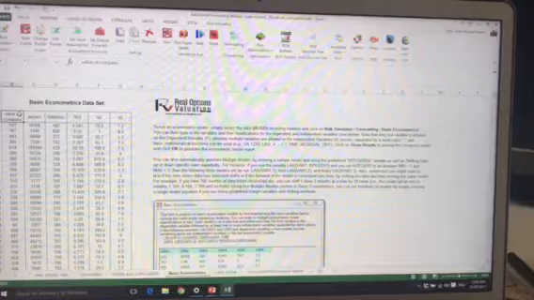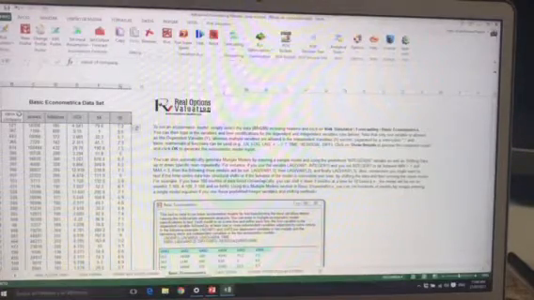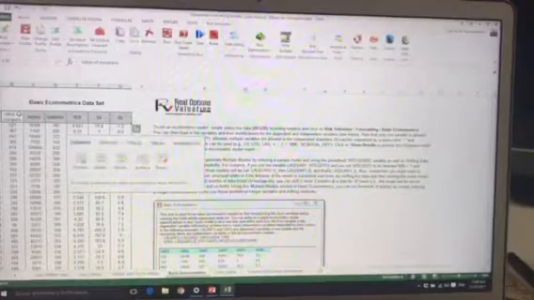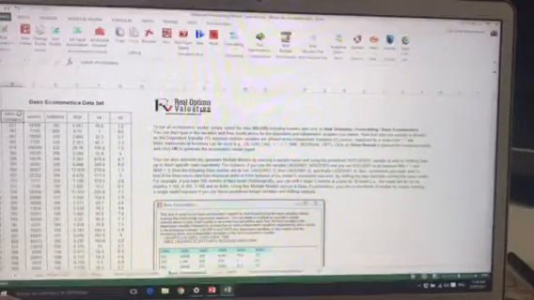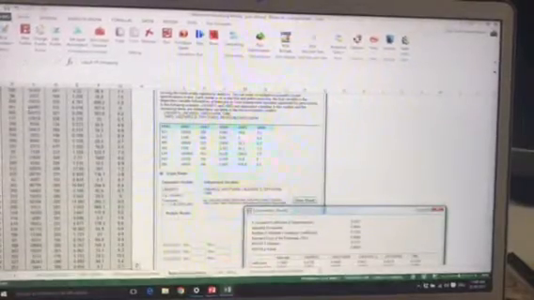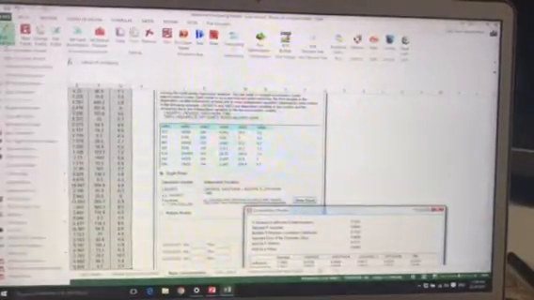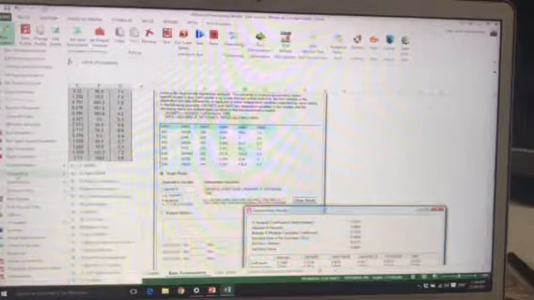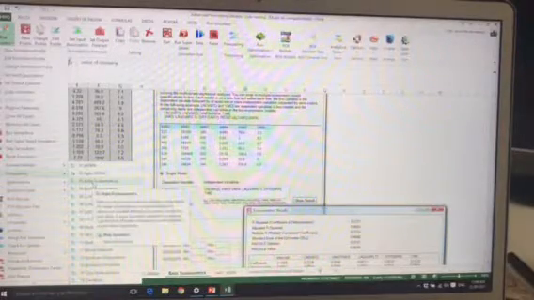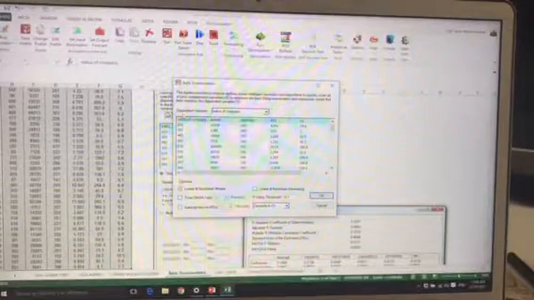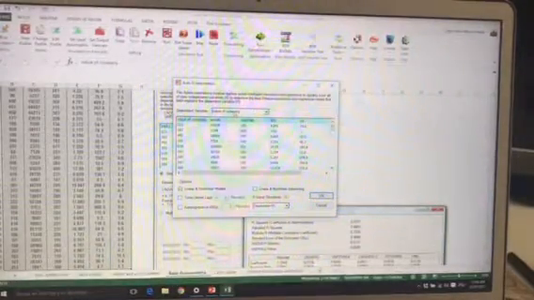We just get this data from the past of this company, select the data, and click here, Forecasting, Auto Econometrics, and this is the dependent variable, which is the value of a company.